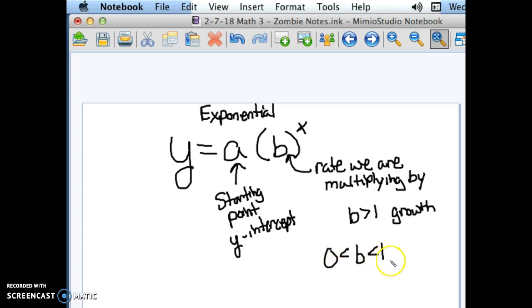If b is in between 0 and 1, that's decay, a proper fraction or a decimal between 0 and 1. 1 doesn't help us because 1 repeated 1,000 times is still 1. 0 doesn't help us because 0 times 0 times 0 is just going to be 0. So that's why there's no equal to there. It's just between 0 and 1.